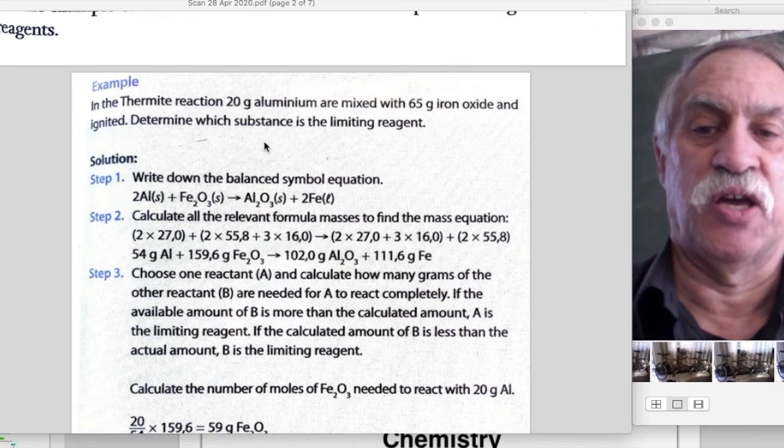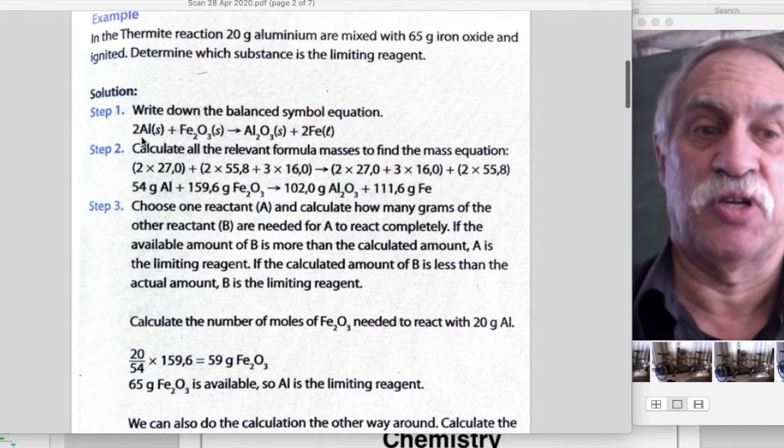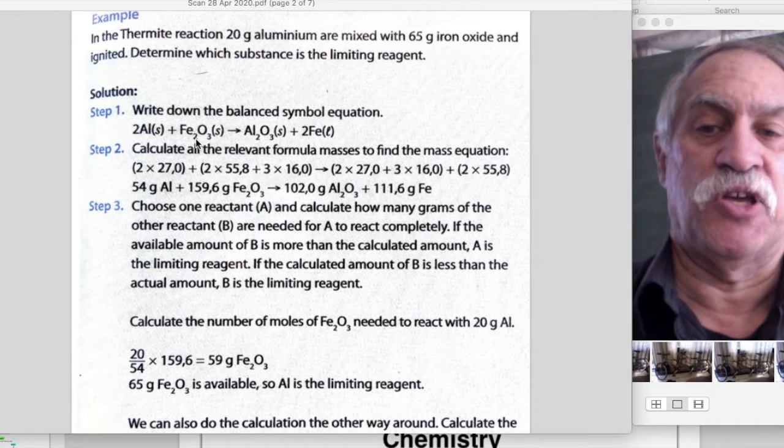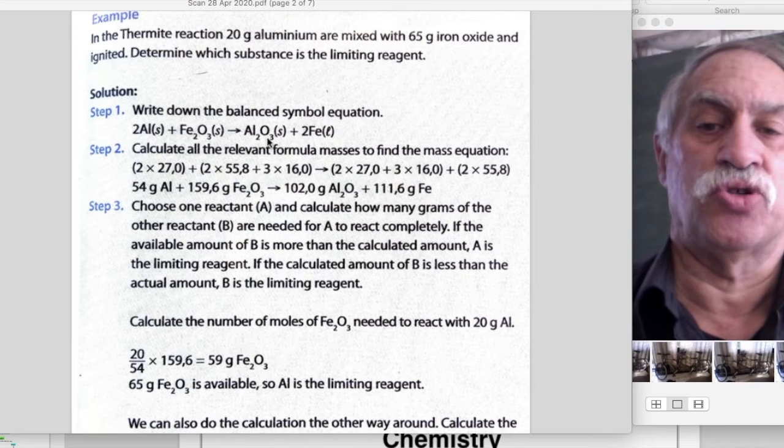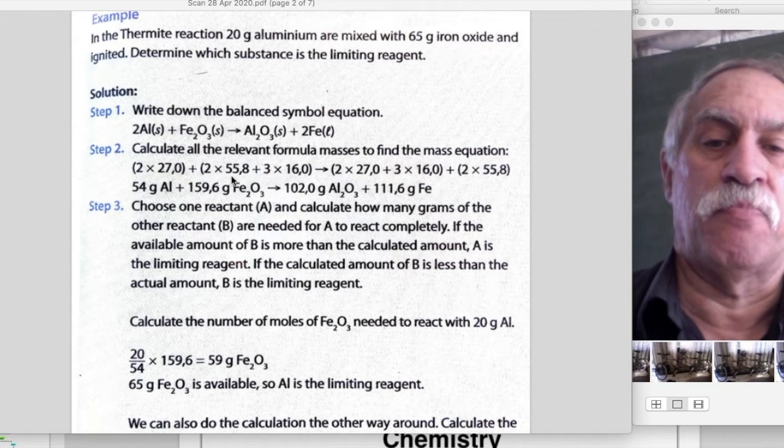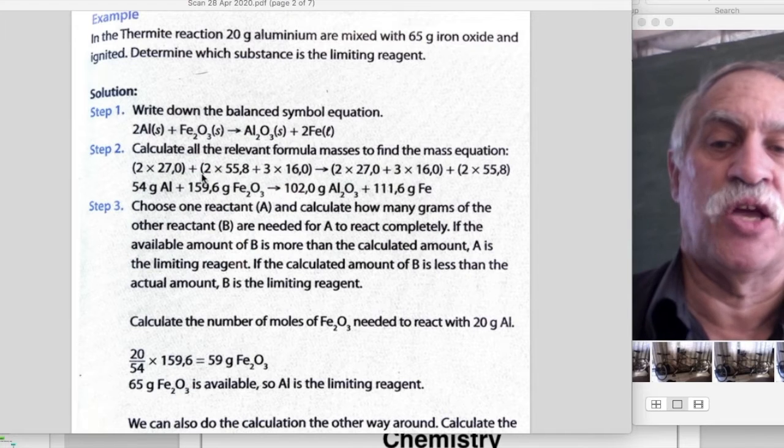Okay, so here is the reaction for thermite. I've always been excited by this. Aluminium solid, 2 moles of it, plus 1 mole of iron oxide, Fe2O3 solid, goes to form Al2O3, aluminium oxide, plus iron, 2Fe liquid. Calculate the relevant formula masses to find the mass equation.